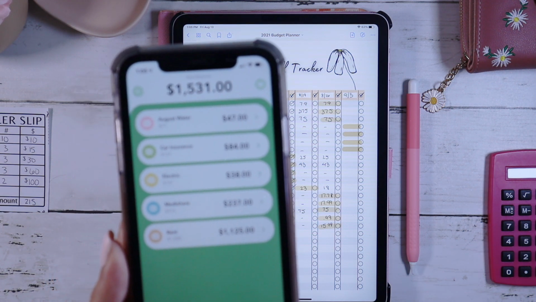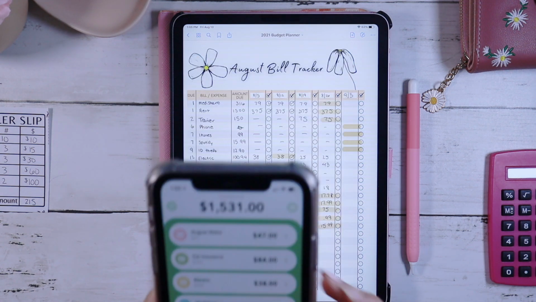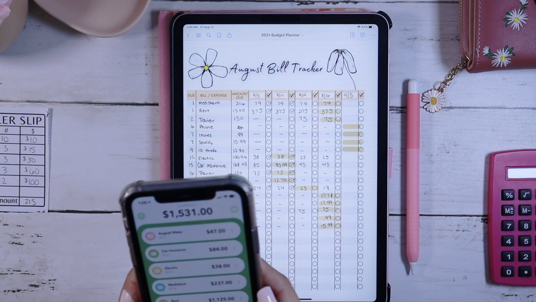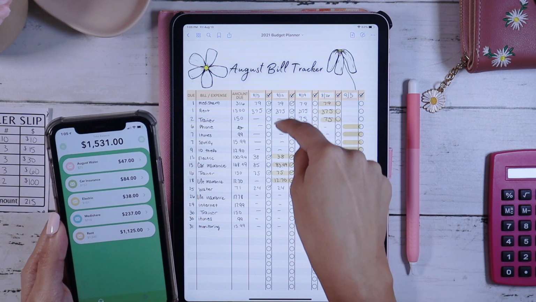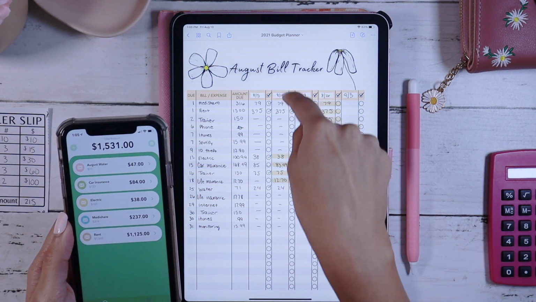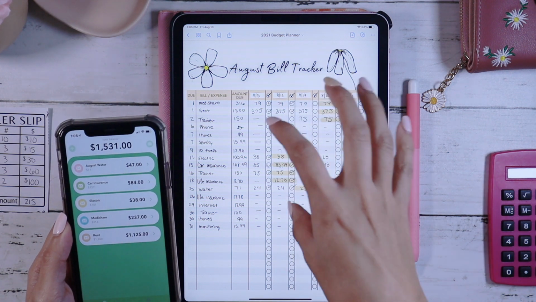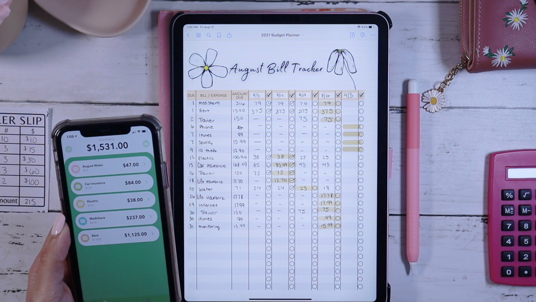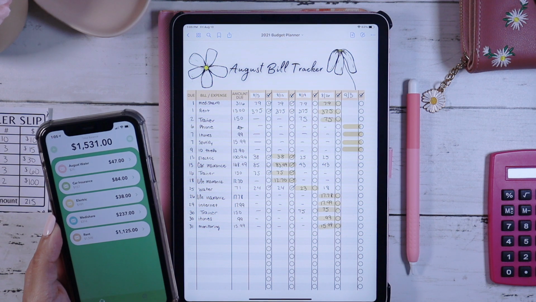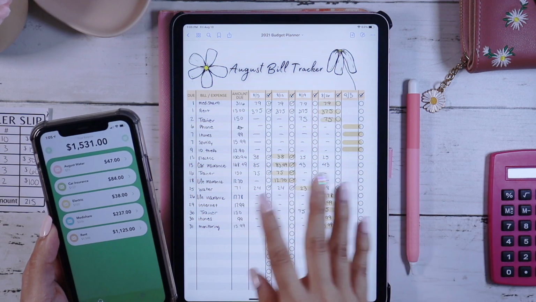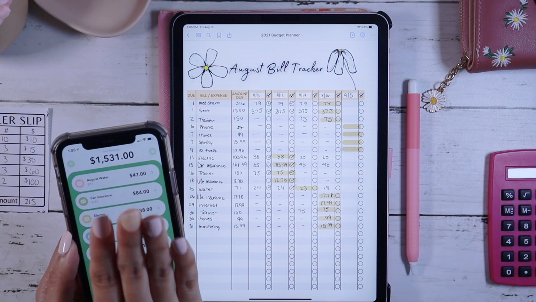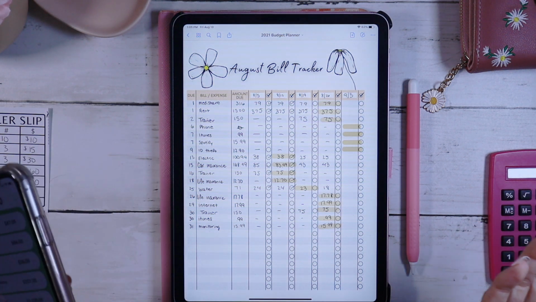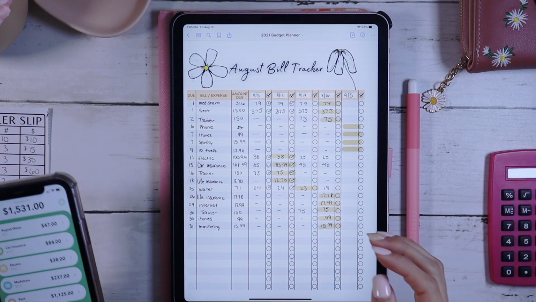It is called NV. It's a free app to use, and when we set the money aside for these bills, it's usually the bigger ones that I have here, like the rent, car insurance, electric, our MediShare. But the smaller ones, I don't use this app because they're small transactions.